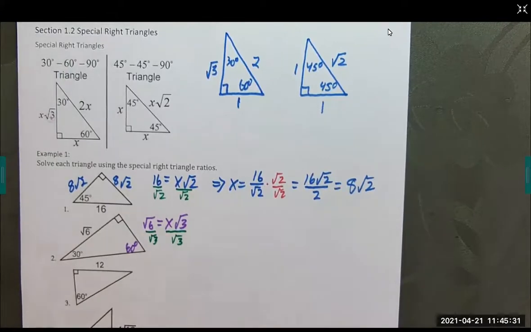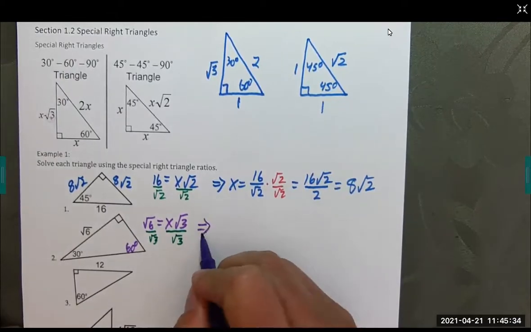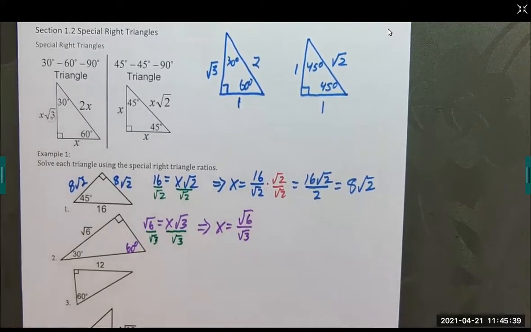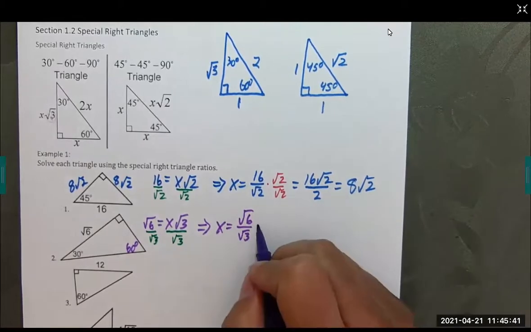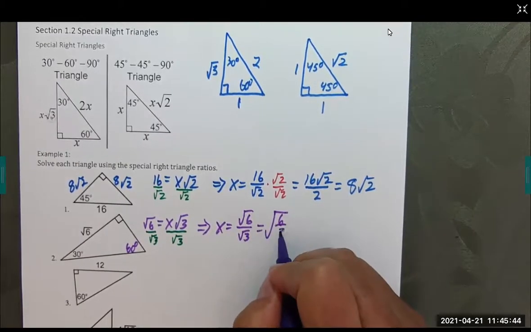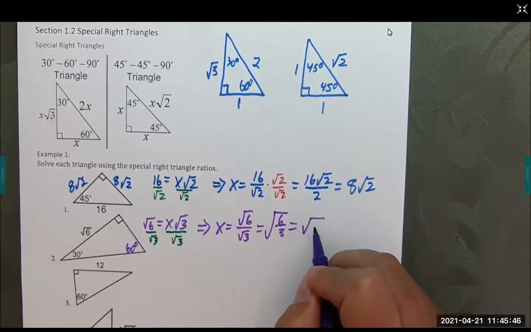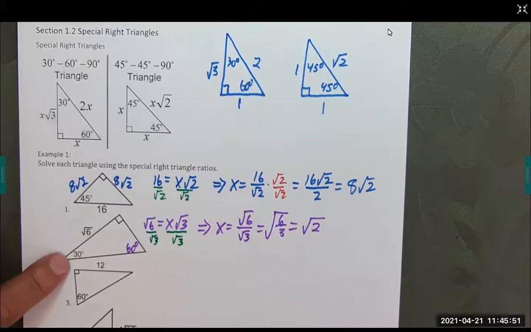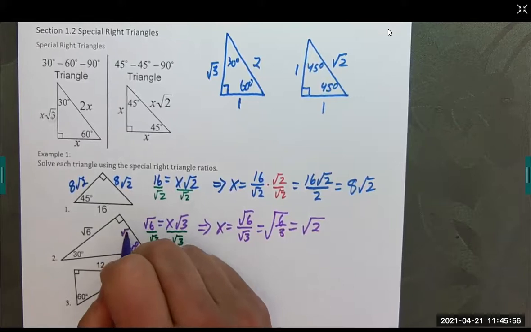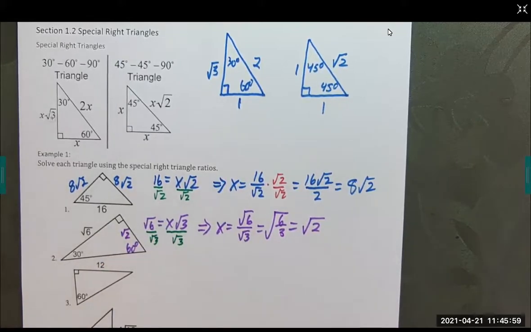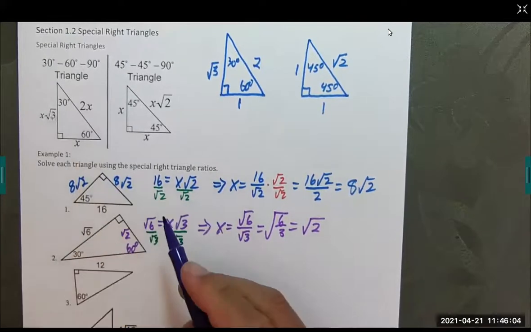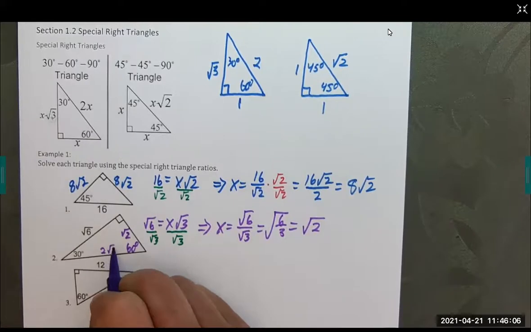This implies that x is root 6 over root 3. And if you remember your radical rules, we can make this one giant radical, which means x is just root 2. So x in this case is the side opposite the 30 degree angle. So this is root 2 here. And that makes our hypotenuse 2 times that. So that makes this side 2 root 2.